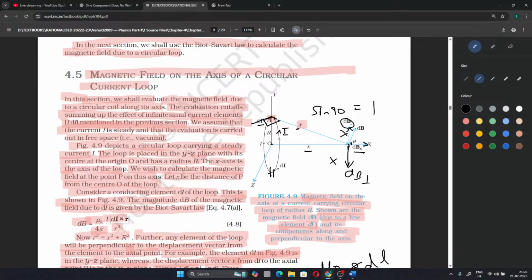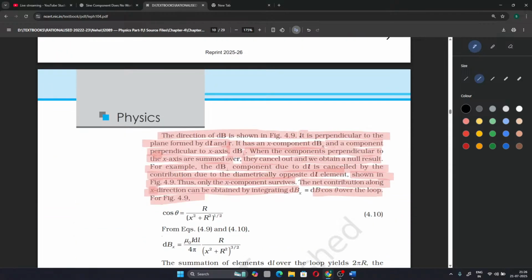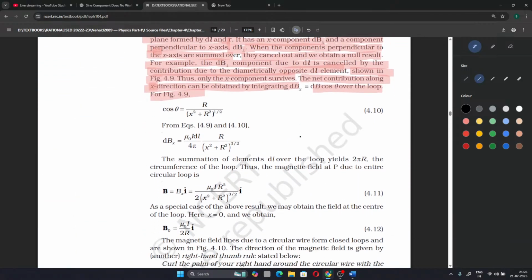So the only thing that remains will be in the dBx direction. So we only need to calculate the dBx. That is what they're saying here, and we can take dBx equals dB cos theta.